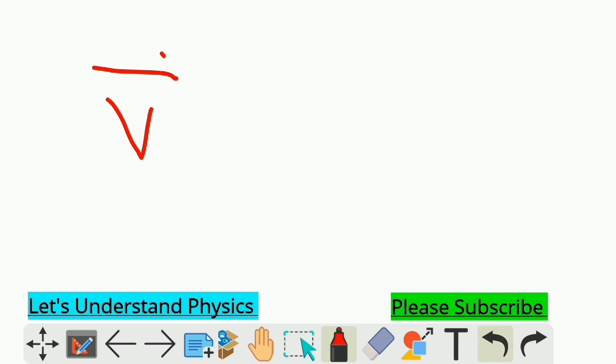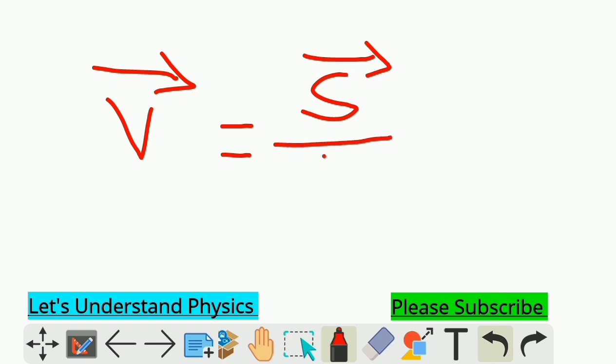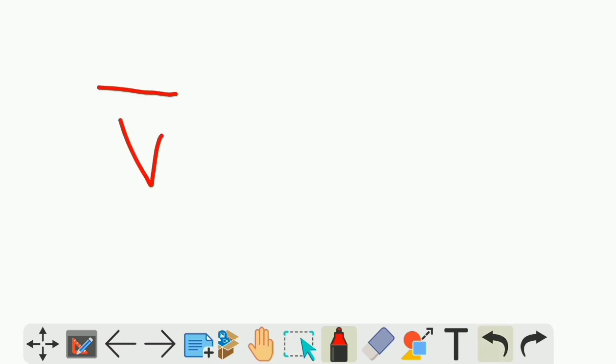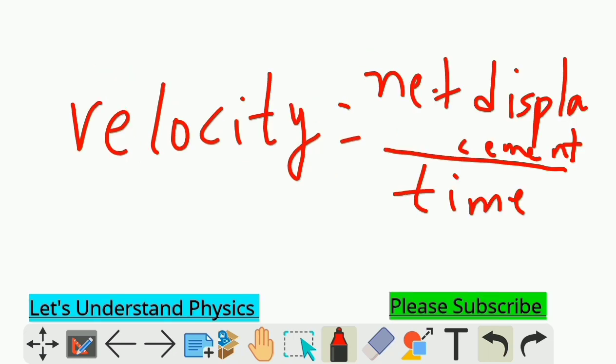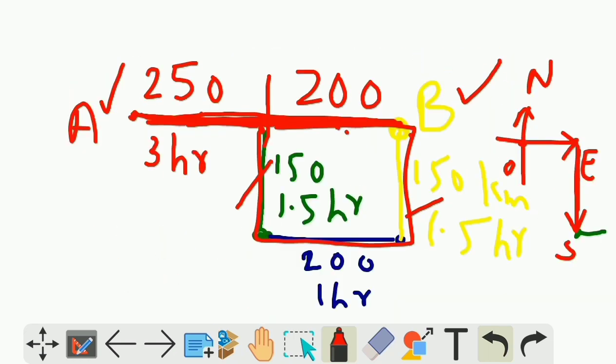V bar, because it is a vector quantity, net displacement, that means S bar by T. Let's substitute. Okay. V bar equal to 450 divided by, now what is the time you will take? Will you take only this 3 hour and this 1 hour?